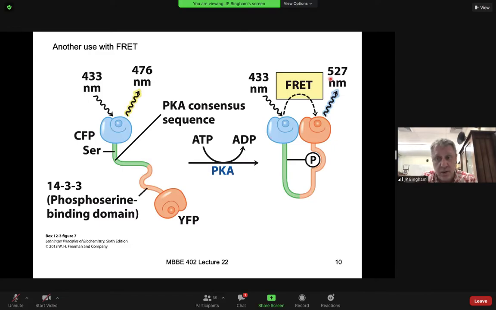If this did not occur and we did not get phosphorylation and protein movement coming together, we would only see emission at 476. So again, another illustration of using fluorescence resonance energy transfer, which is a commonly used element.